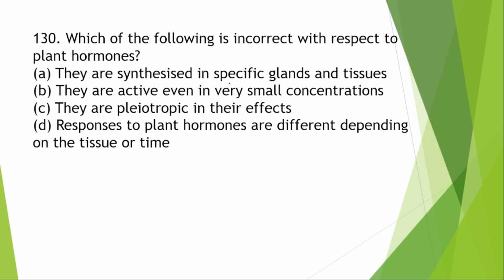A. They are synthesized in specific glands and tissues. First term itself is right. They have specialized organs, not glands. Plants won't have glands. They have simple tissues or else organs, you can say. So here the first one itself is the incorrect one.